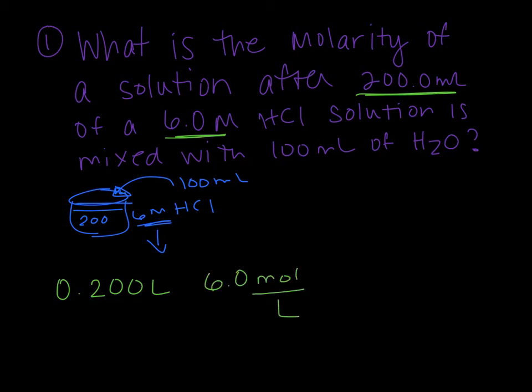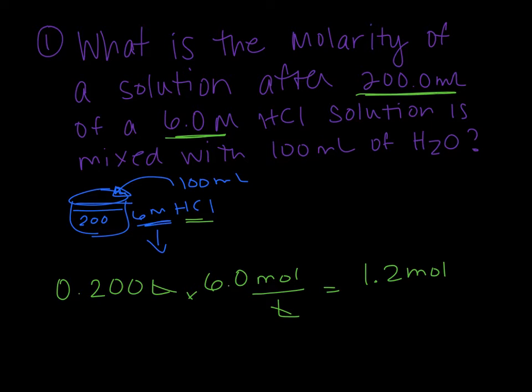So if a dilution is the moles before is equal to the moles after, then I just need to find the moles first. So liters and liters will cancel out, and I've got 1.2 moles. And that's how many moles of hydrochloric acid will stay constant in this solution.